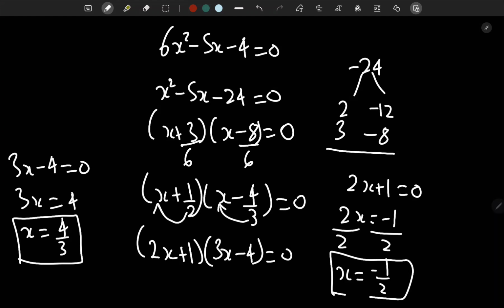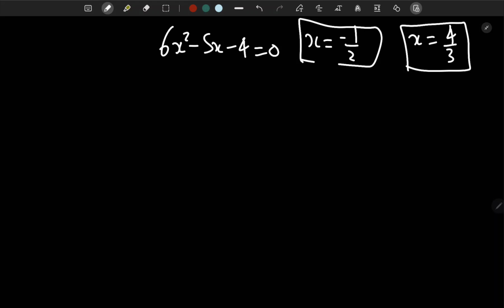So now let's repeat the question, but instead use the quadratic formula to get the same answers. The formula is x is equal to minus b plus minus the square root of b squared minus 4ac over 2a.